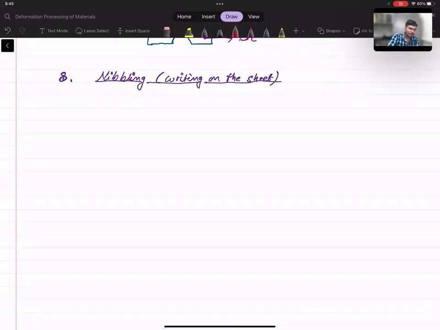Suppose we have the blank like this. This is, say, the top view of the blank. Then we will have engraving on this. Say we are writing a word leg on this.